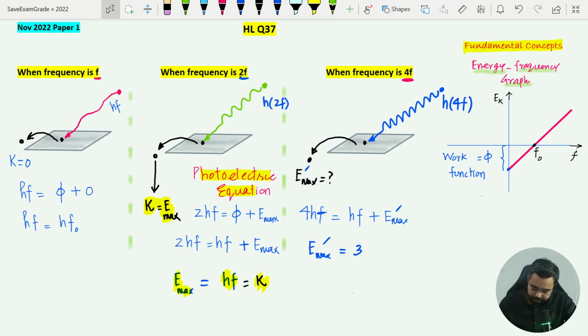And what we see, this is 3hf, and hf is equal to k. So if we plug the value here, it means that 3k is the kinetic energy of this photoelectron when the 4f frequency photon is incident on the same metal plate. So the right answer of this question is C.